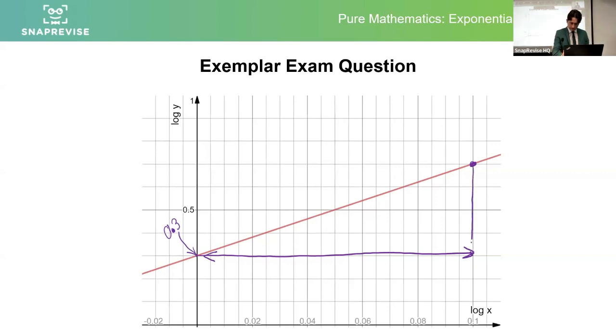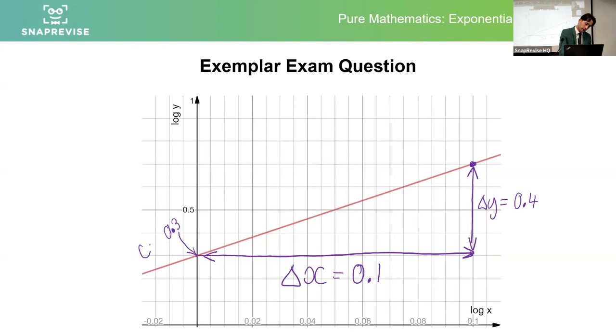Okay, right. Let's start having a look together. So the change in y, 0.4. And the change in x, I believe, is 0.1. So let's see what we've got from this.